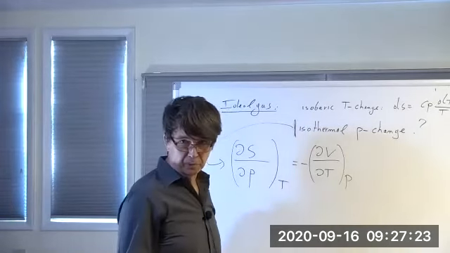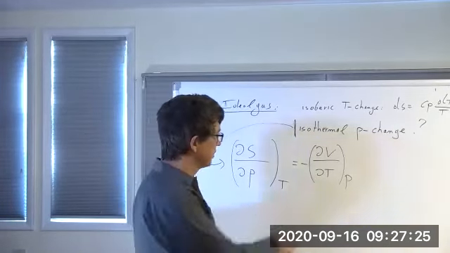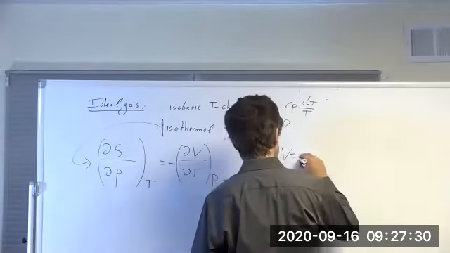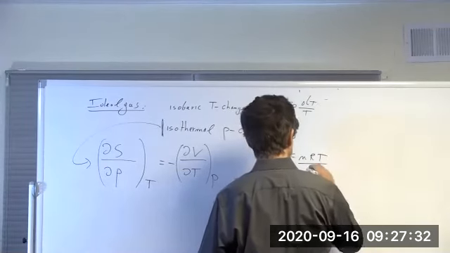And why is this good? Because the equation of state for ideal gases tells me exactly what dV/dT is, right? Because V is nRT over P, right?